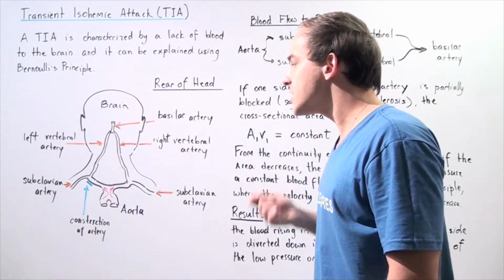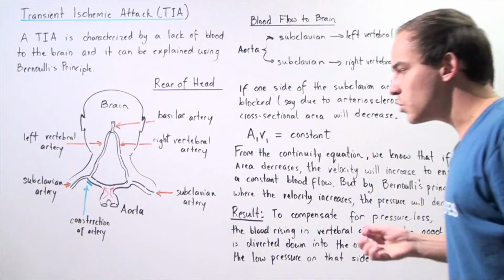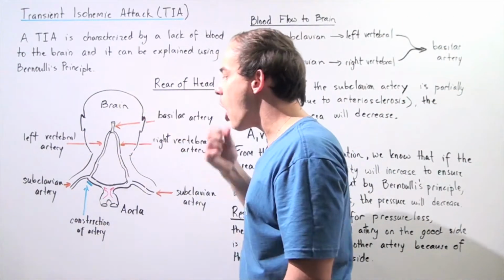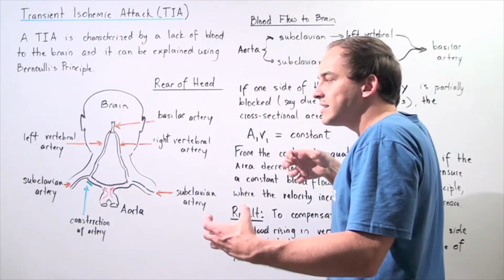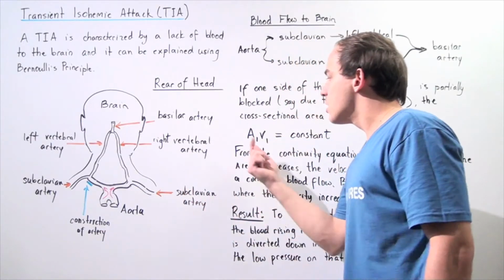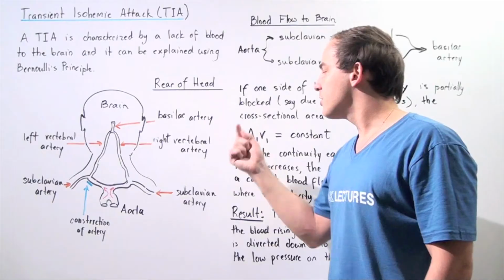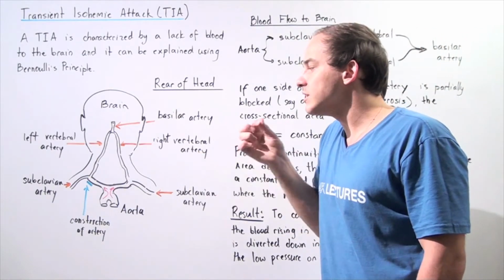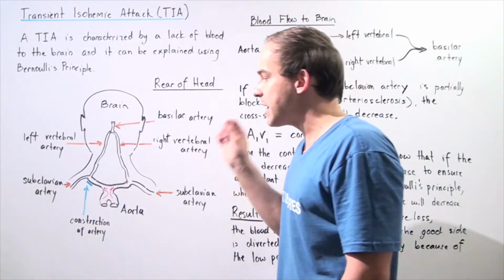So, because of arteriosclerosis, we have a constriction of this section of our artery taking place. That constriction decreases the cross-sectional area of that region, and that increases the velocity of the blood within that region.